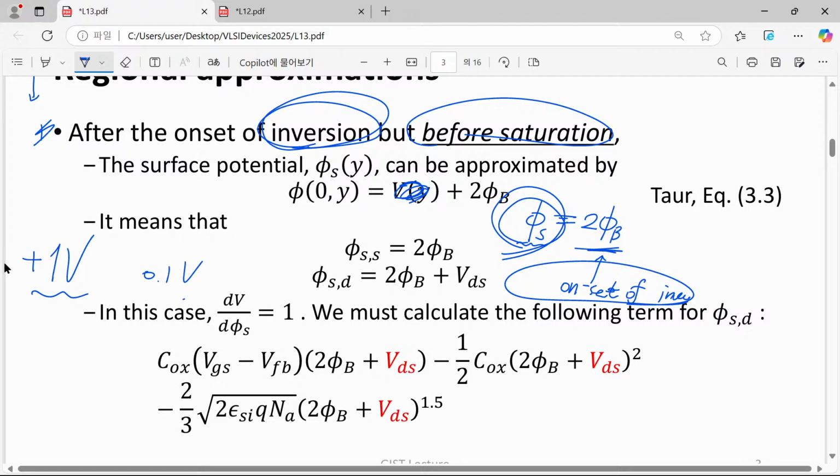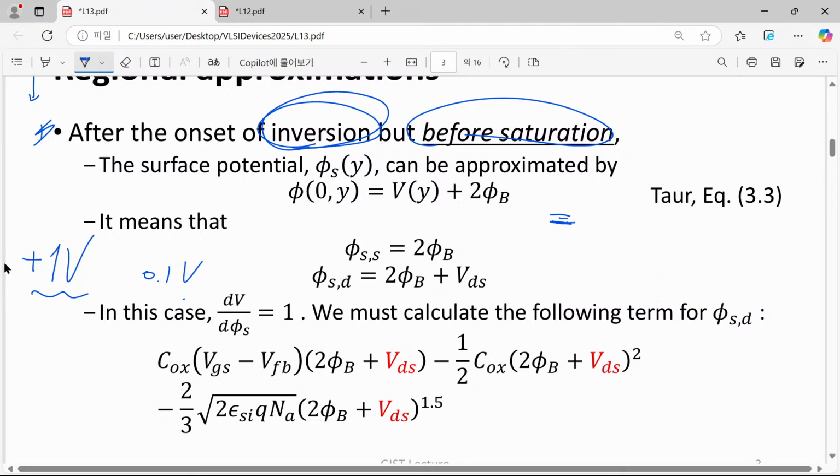That's the reason why we say that, approximately, the surface potential is pinned to 2 times phi b. Please note that this is not the exact one. We have to consider a little margin here.